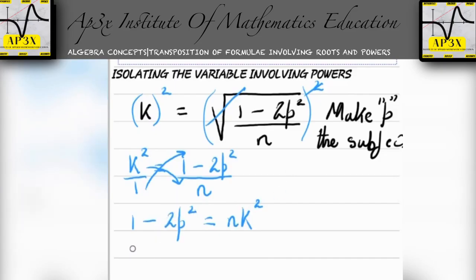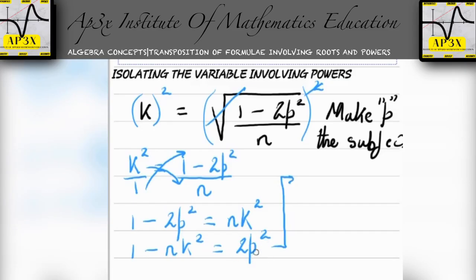So I'm going to end up with 1, and this here is positive so it becomes negative, so that's 1 minus nk squared. And when I carry the negative 2p squared to the right, I'm going to end up with positive 2p squared.